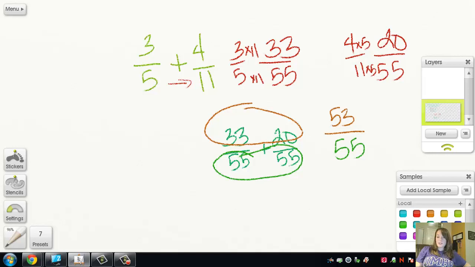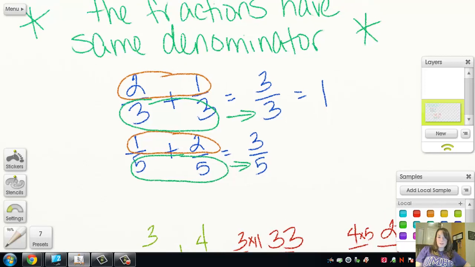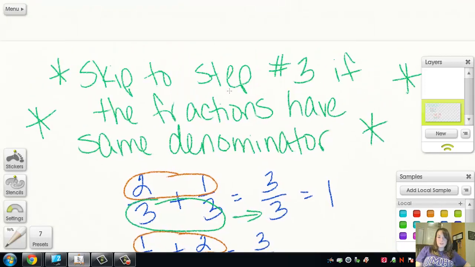And if I am correct, this can't be reduced, so that would be my answer for that one. Okay, so that's an example of something where you have to find the common denominator. And don't forget that if they have a common denominator already, then you can just jump to step 3. Save yourself some time, okay?